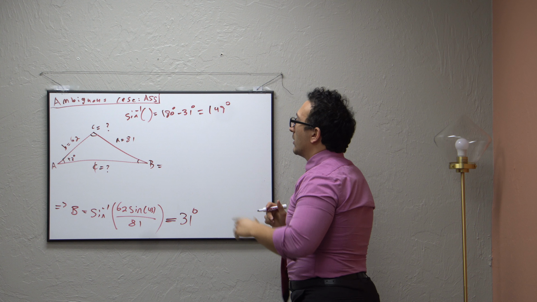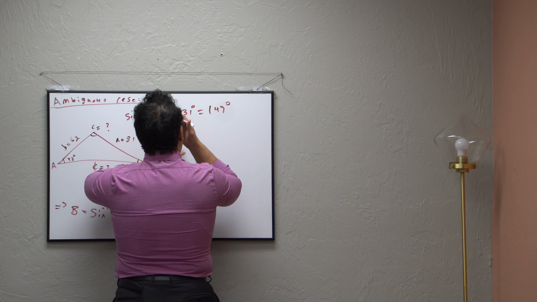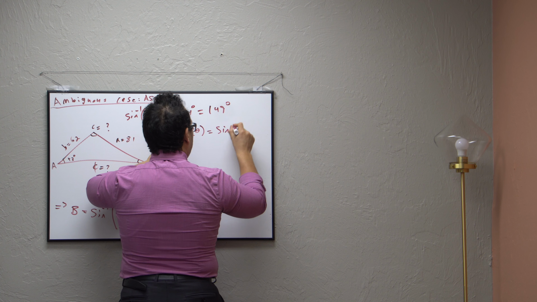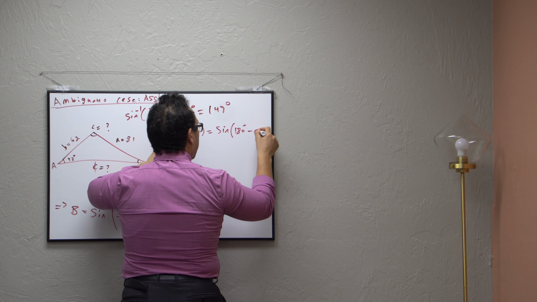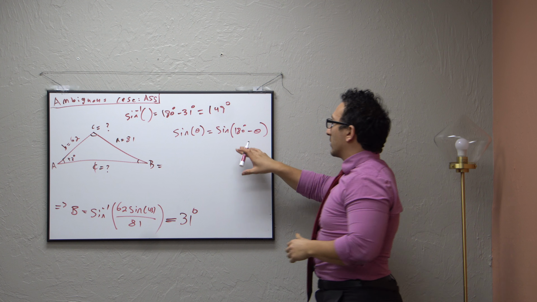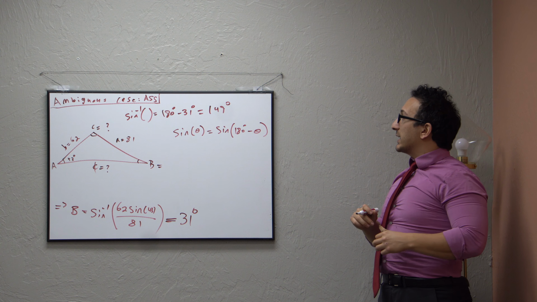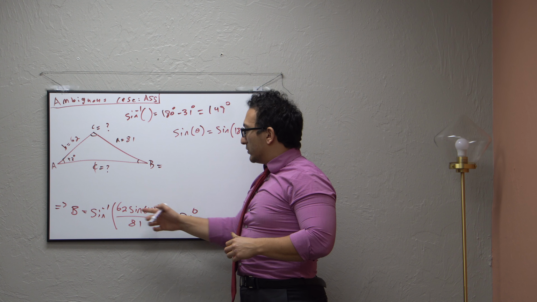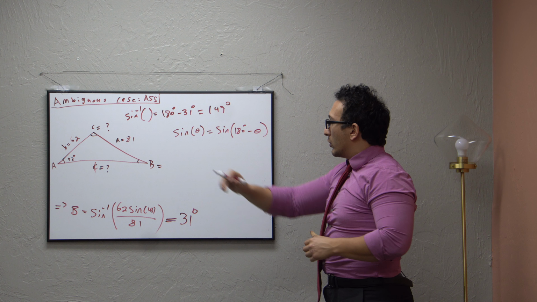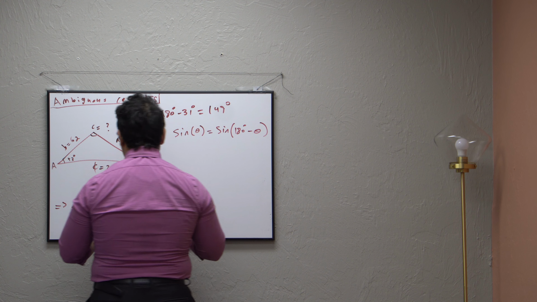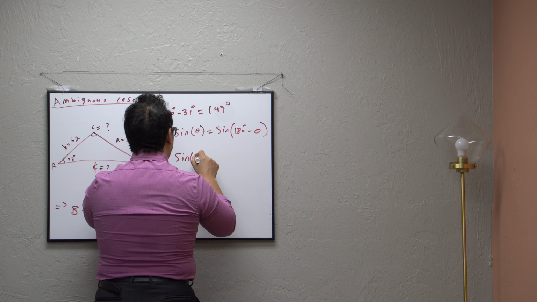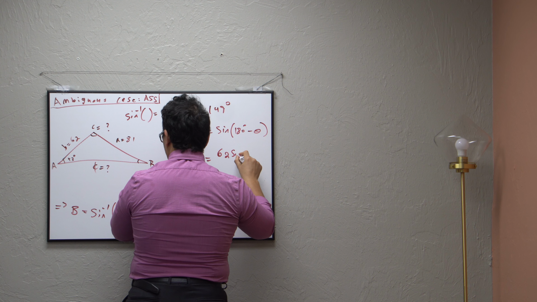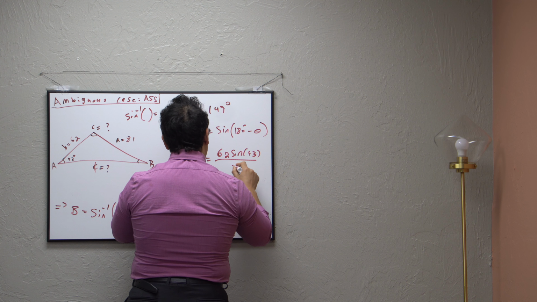Why are we doing this part? Well, remember the supplementary identity, that the sine of theta is the same thing as the sine of 180 degrees minus theta. We proved this in an earlier video. And so because of that fact, whenever I take the sine of both sides here, because this has a sine inverse, I would get, for instance, the sine of b is equal to just 62 sine of 43 all over 81.